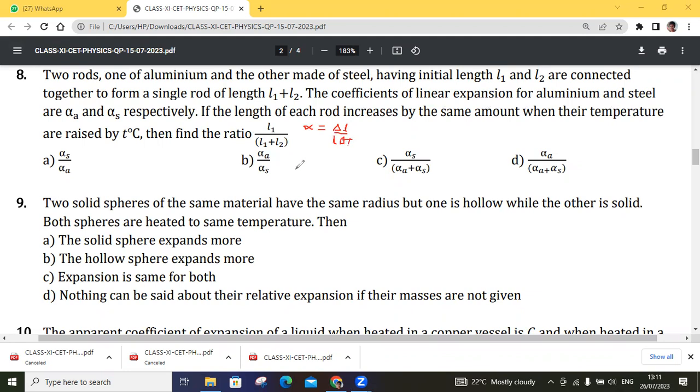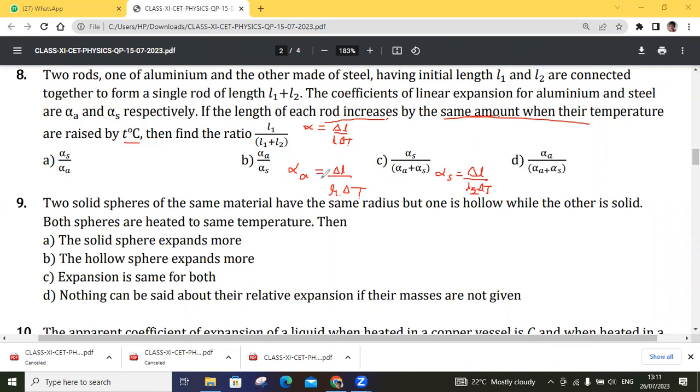So now for first rod, alpha A is equal to delta L divided by L1 delta T. And for second rod, alpha S is equal to delta L by L2 delta T. Its length was L2 originally. Delta L is same. By same amount, length increases. Temperature is raised by T degrees Celsius. So delta T is also same.